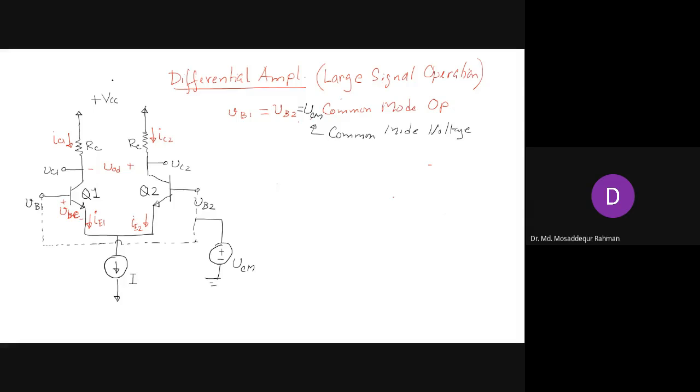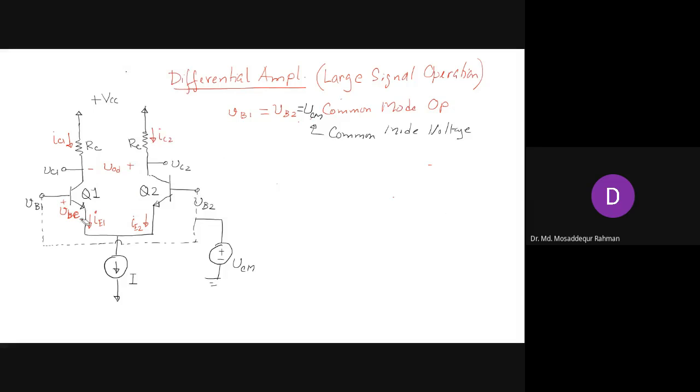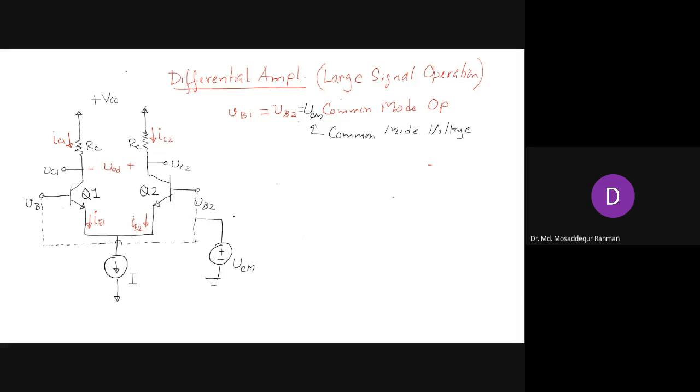Now what happens in common mode? And this is our large signal operation. So VCM is supposedly in the range of volts, large enough to forward bias these base emitter junctions.